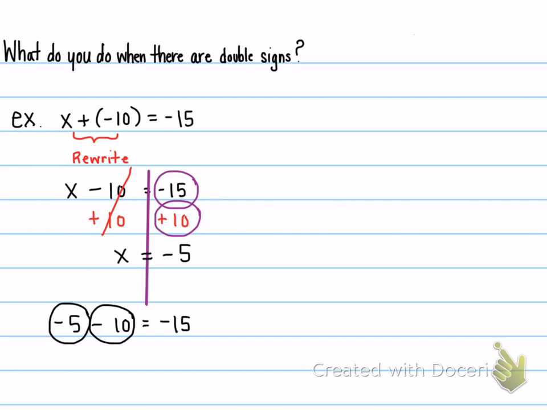So we want to rewrite the problem so it has one sign. It's not required. If you want to just watch this part, you can. So if I have x plus -10 equals -15, you can continue to do the opposite like we did in the other ones.